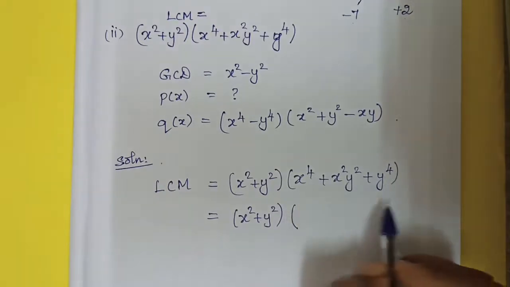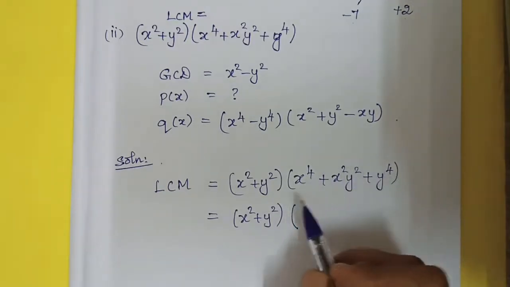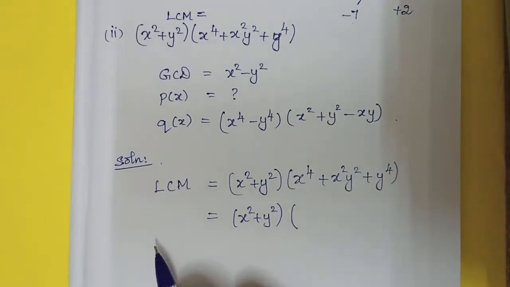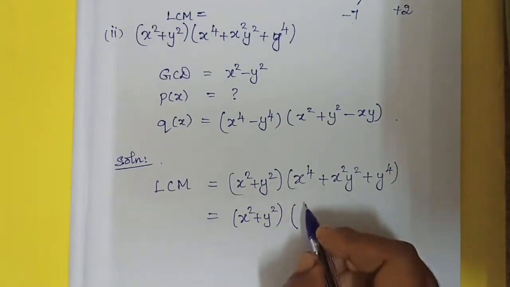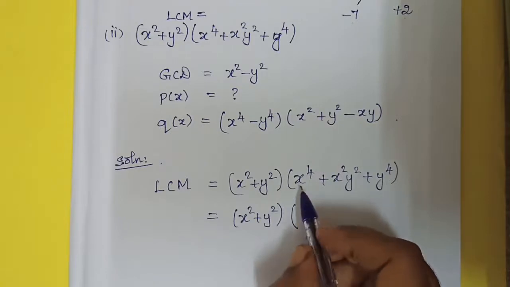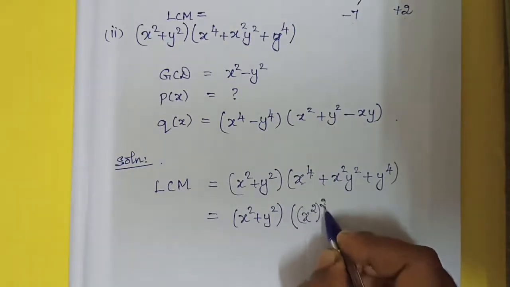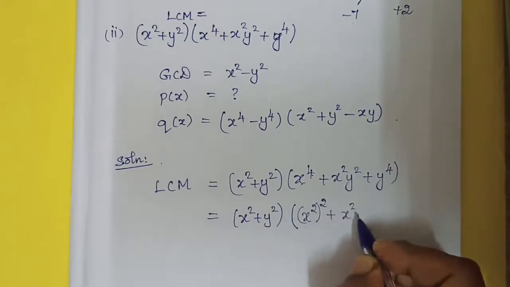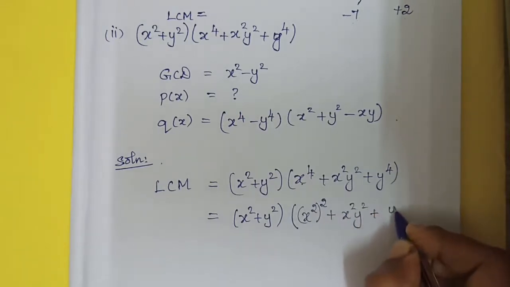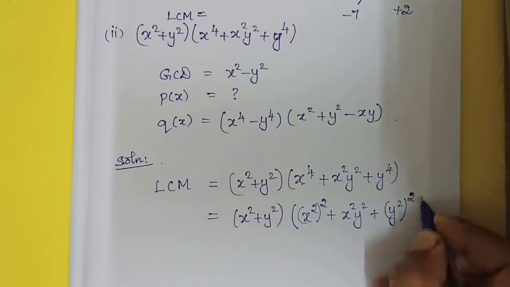Yes. Like this one term we solved in the first problem. Today's first problem. Listen one more time. So x power 4 we can write it as x square the whole square plus x square y square plus y square the whole square.